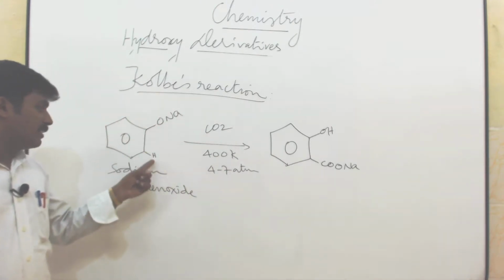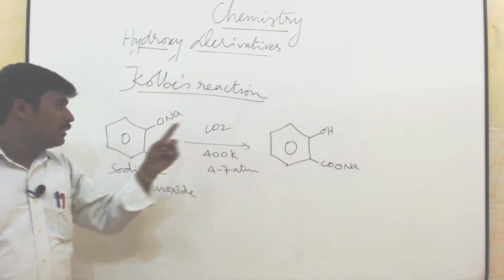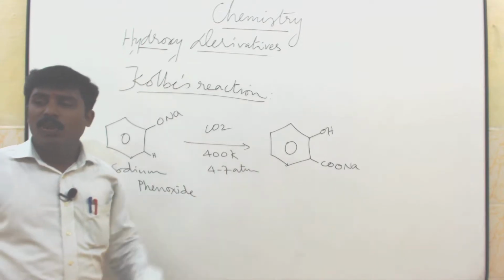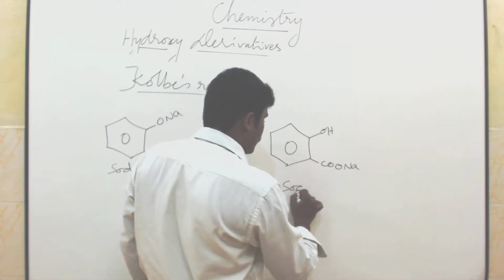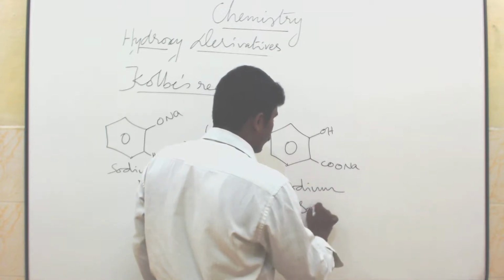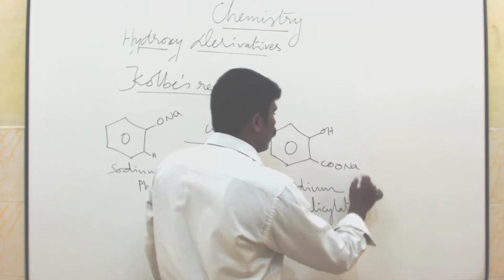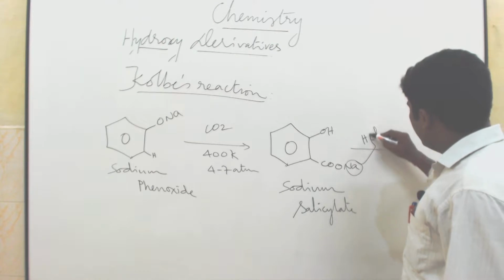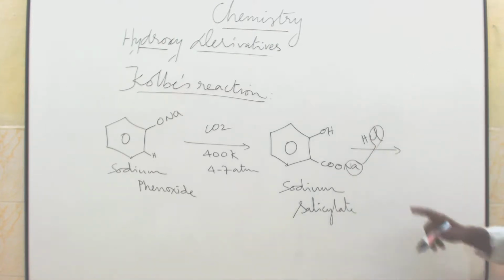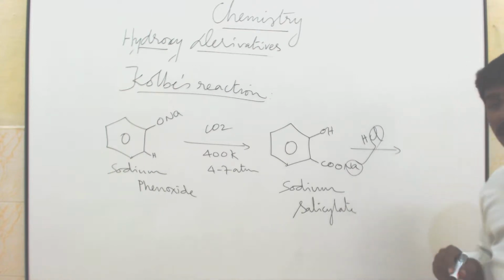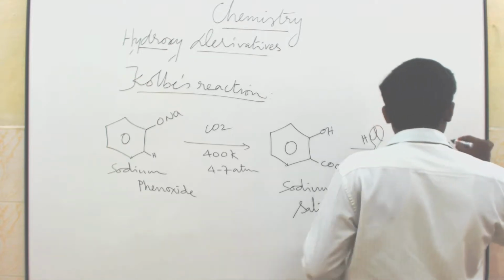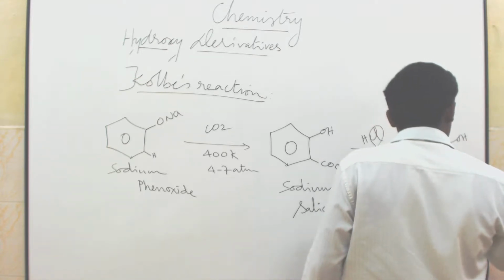You add the COO group, and this Na joins here to become COONa, namely sodium salicylate, followed by acidification. When you add HCl, this sodium combines with HCl, removing sodium chloride. Now this H comes and joins here to become an acid, the very important salicylic acid: benzene ring, here the OH group, here the COOH group, plus NaCl.